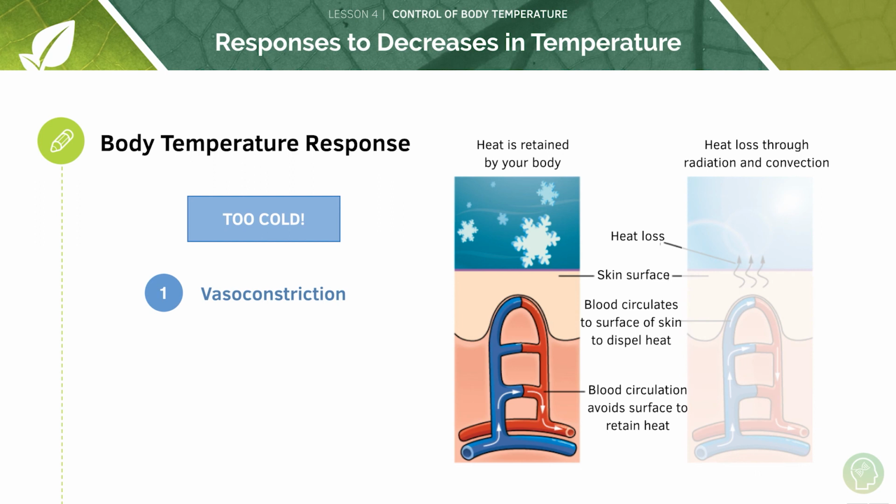So when it's too cold, you're going to get the opposite to when it's too hot. So you're going to get vasoconstriction. So less blood is going to be able to pass into the skin because the vessels are smaller. So we're going to get less heat loss to the environment. Also, instead of sweating, we're going to get shivering. So the skeletal muscles contract and relax very quickly. And we know that when a muscle contracts, it's going to release energy in the form of ATP, but also there's going to be some energy being released as heat energy.